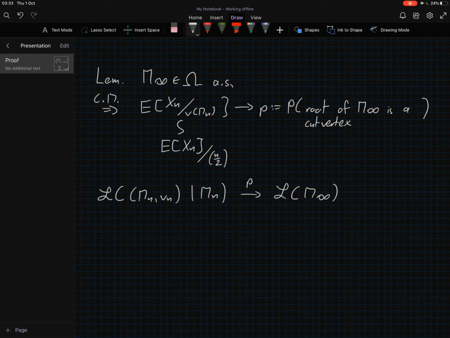So that's a random probability measure, and it converges in probability to the law of M infinity. That's a priori at least a stronger form of convergence. And using this stronger form of convergence, and again the continuous mapping theorem, we actually may deduce a law of large numbers.